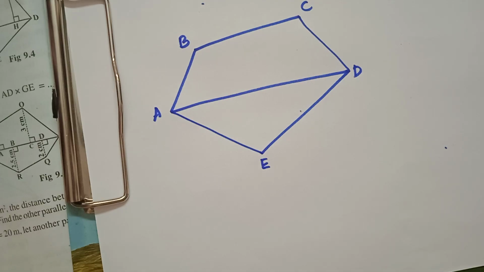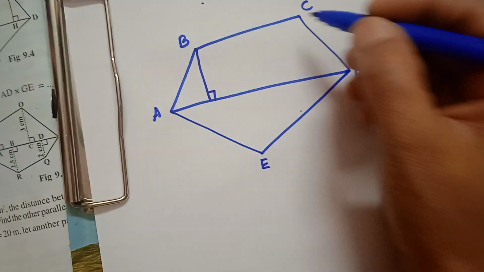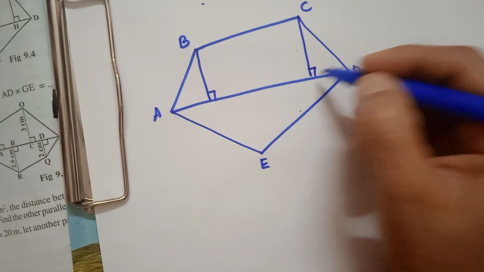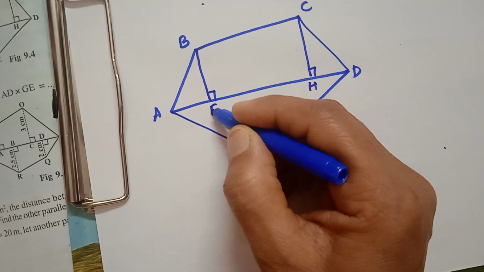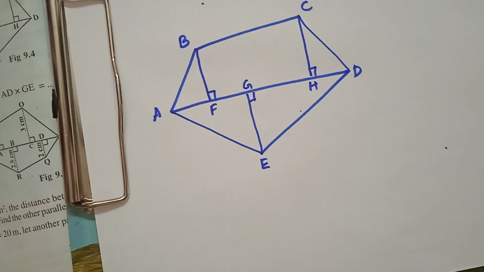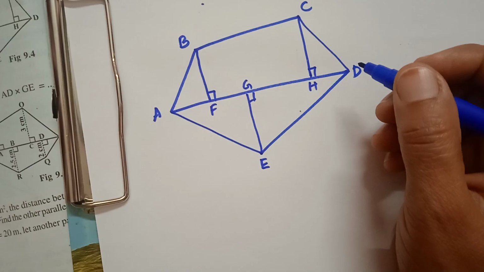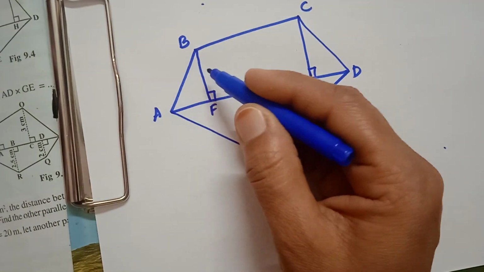Okay, and they have drawn a perpendicular from here, again a perpendicular, G. So let me find the area. First let us take this triangle.